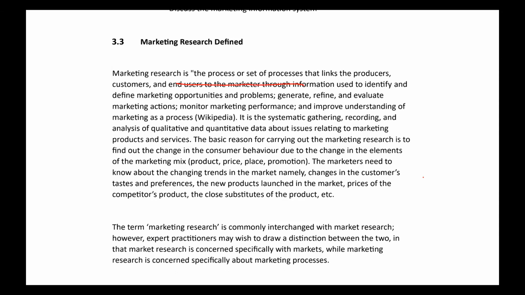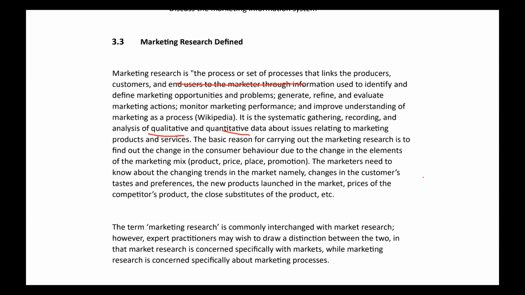This is according to Wikipedia. So it is the systematic gathering, recording, and analyzing of qualitative and quantitative data about issues relating to marketing products and services. That is what marketing research is all about.